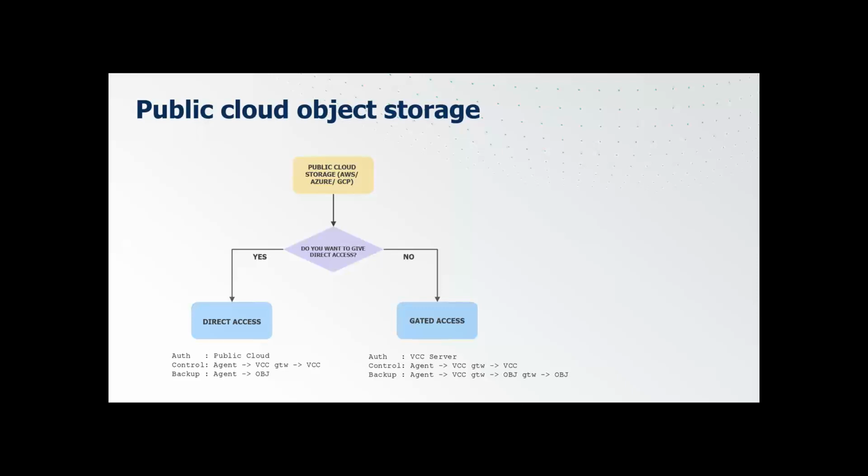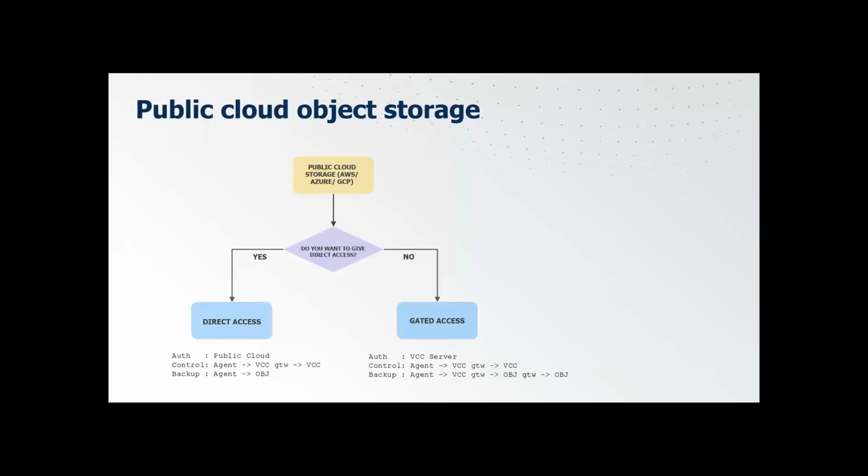The main difference here is the authorization process. You will see some information below here. The authorization means who is responsible for identifying and authorizing the agent coming in. When we use gated access, the Cloud Connect server is the one authenticating every agent and authorizing access to the storage.